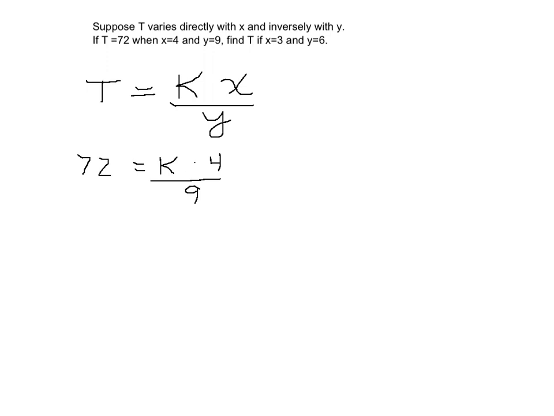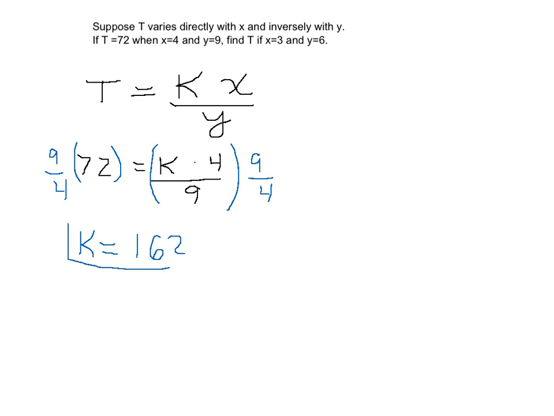So to get K, I want to get K by itself. I'm essentially solving this for K. So I'm going to multiply both sides by 9 over 4. And that gives me the fact that K is equal to 72 times 9 over 4. And so K is going to equal 162.